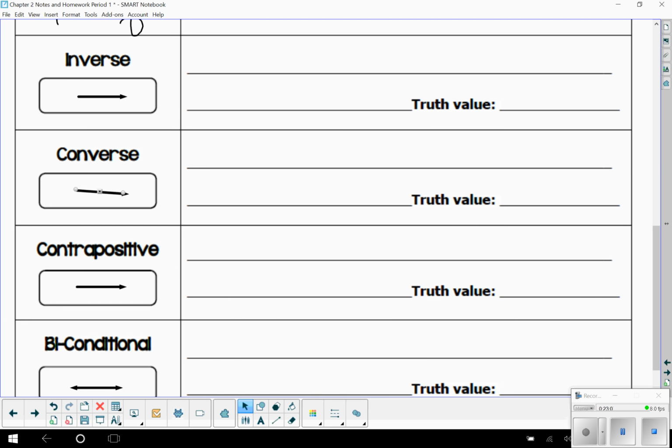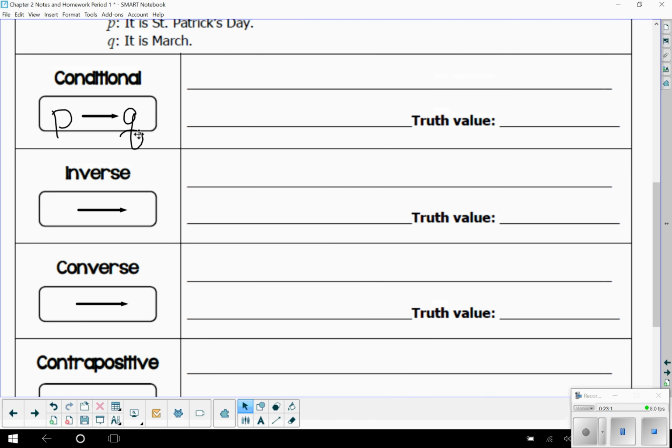I don't have to do arrows anymore. So let's go up here. We have P to Q. Our inverse is going to be your not P to not Q.